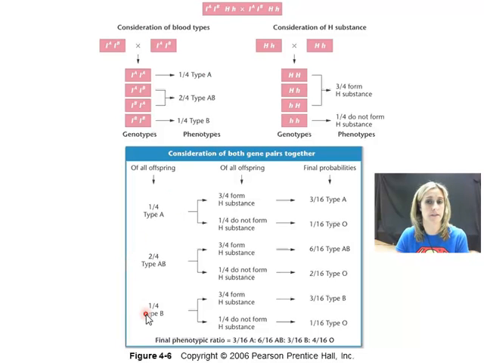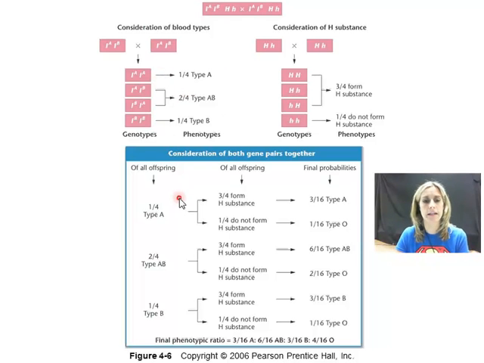List those out first. Then take a look at the H substance, or the Bombay phenotype. If we have two parents that are heterozygous for the Bombay phenotype, so neither of them actually has it, but they're both carriers, we would expect 3/4 of their offspring would form a normal H substance, but 1/4 of their offspring would have the Bombay phenotype, which would mask whatever was going on with your AB blood type.